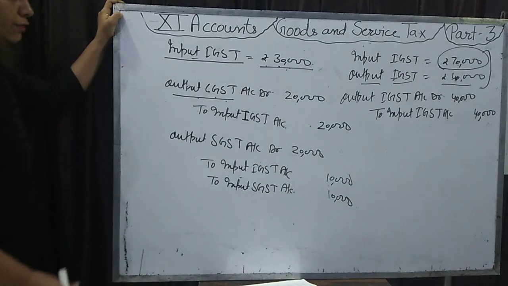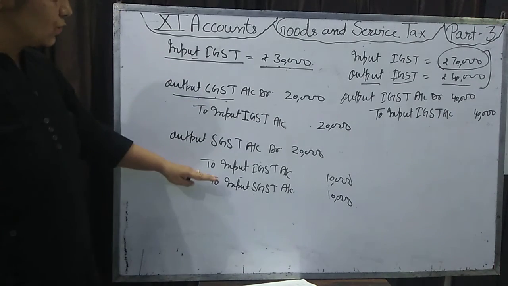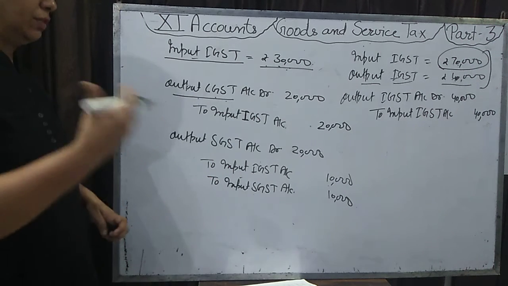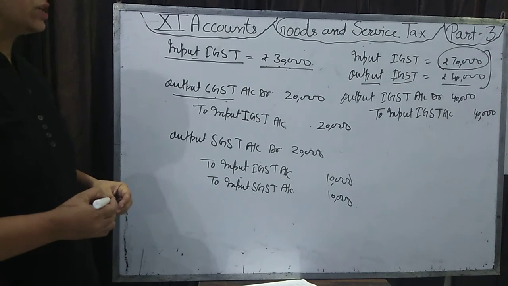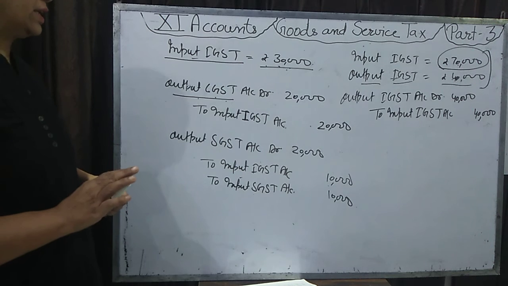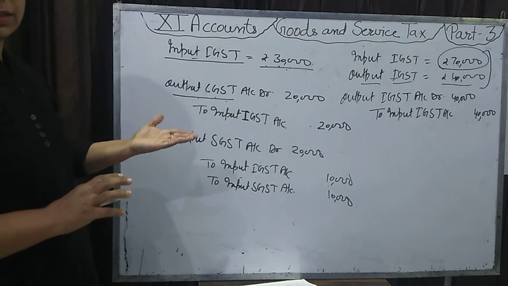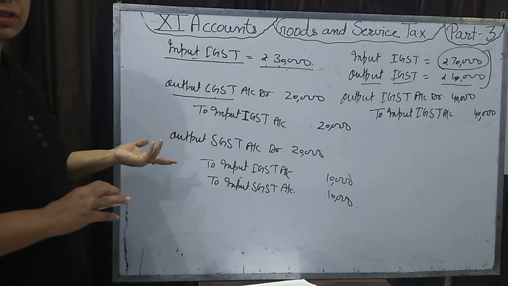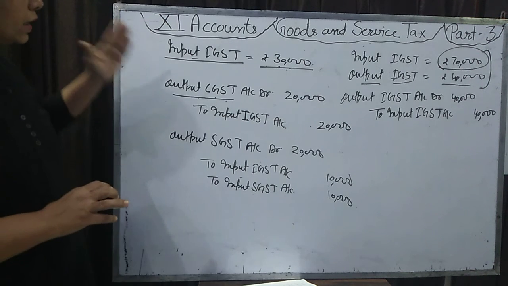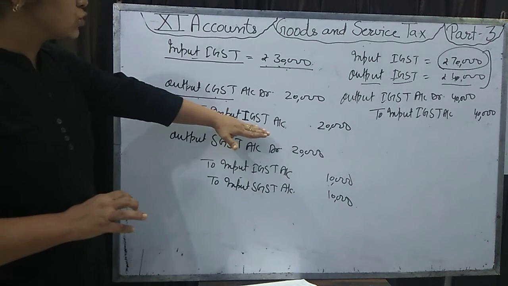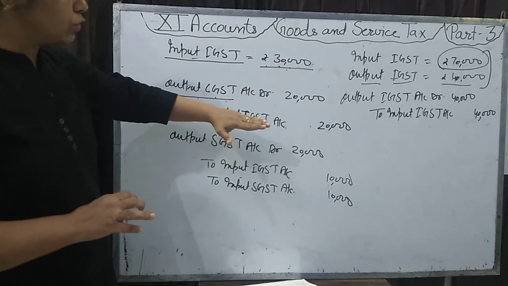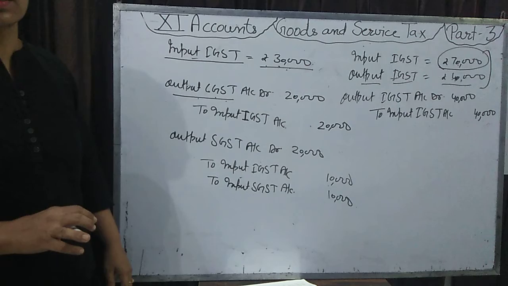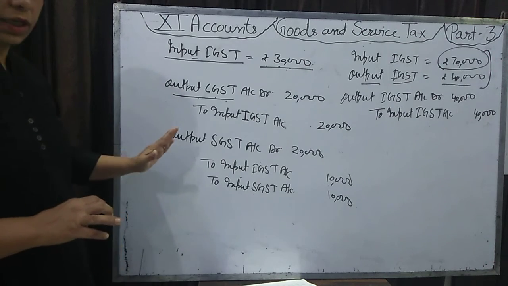After that, if balance of input CGST and SGST is kept, we will use it in the next year to adjust the CGST and SGST of next year. Output CGST we can adjust from previous year input CGST, SGST also. Okay, but keep in mind that we have to use all the input IGST in the same year. Okay, fine.